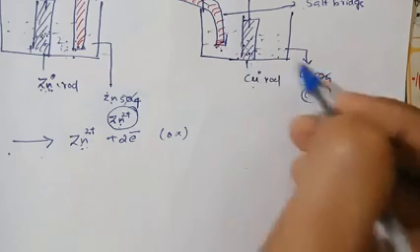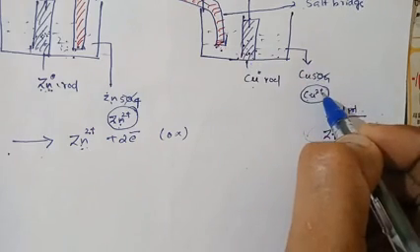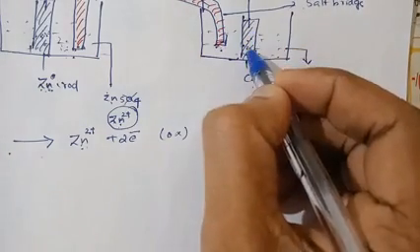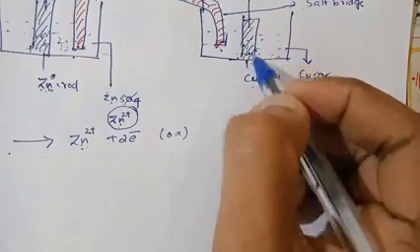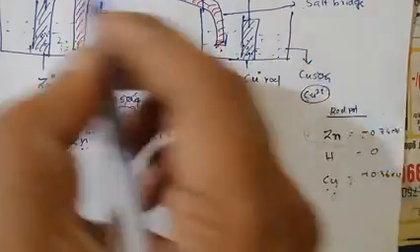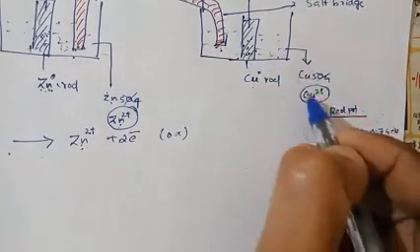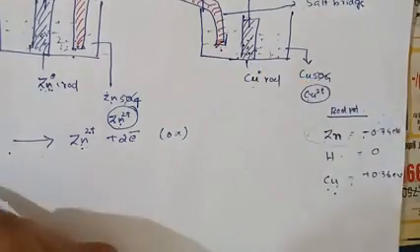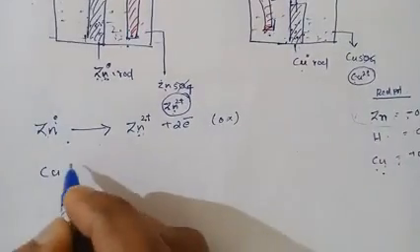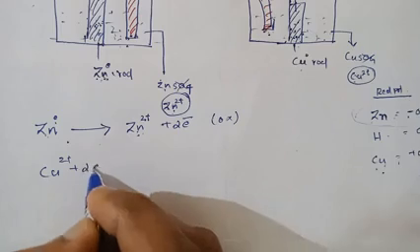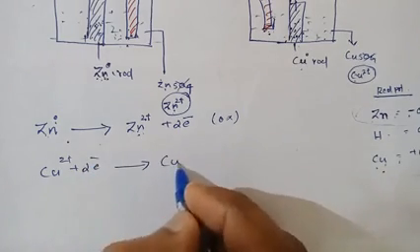Around the copper rod there are Cu2+ ions. The 2 electrons have negative charge. So these 2 electrons coming from the zinc will combine with the surrounding Cu2+ ions: Cu2+ plus 2 electrons gives Cu.